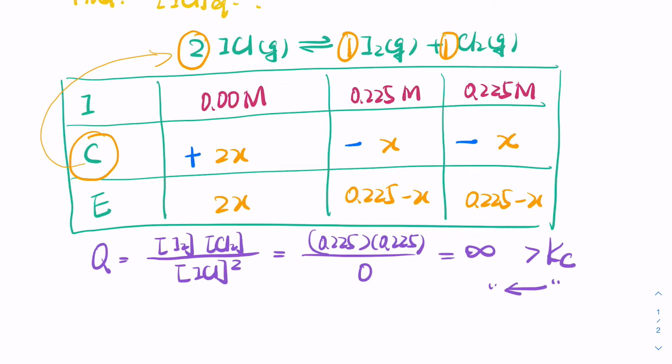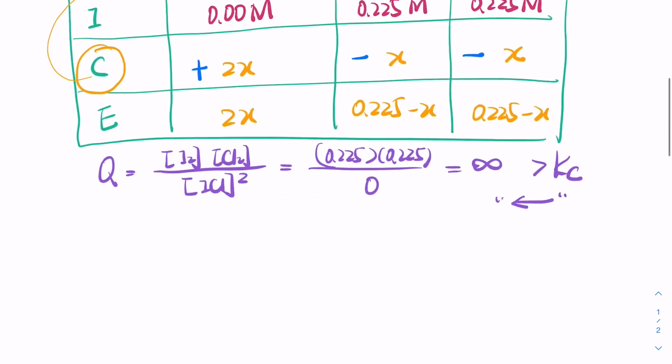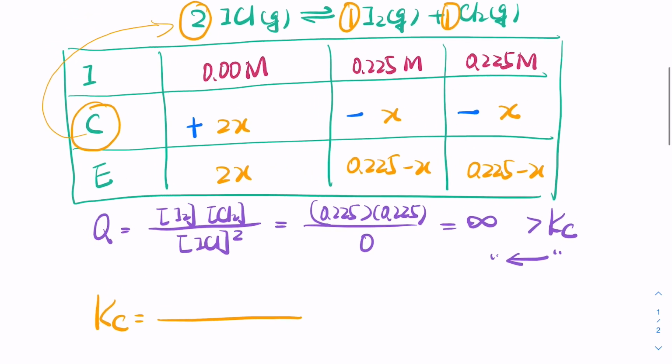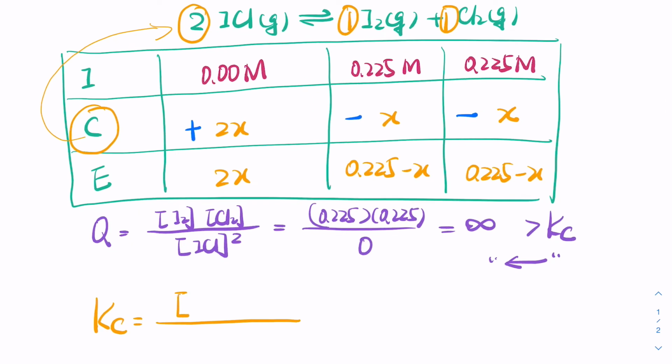After this setup, we lay out the Kc. Kc equals the products over reactants squared, the same expression.